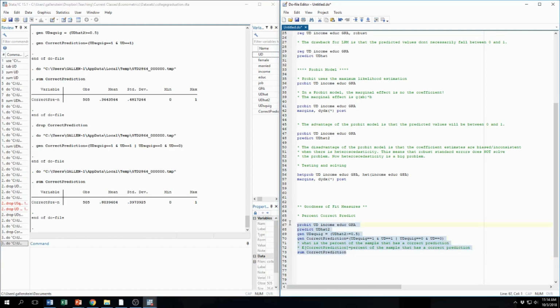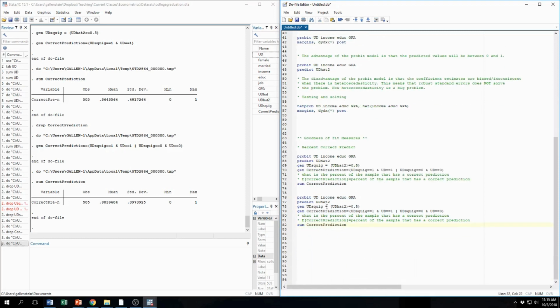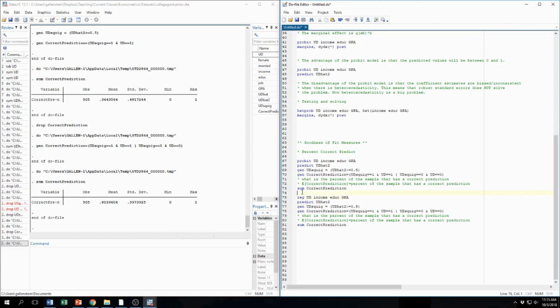We could repeat this all for the linear probability model and compare them. Let's do that for fun. All right, we're just going to repeat for the LPM, linear probability model. I'm just going to call this y hat 3, and squig 2. Actually, I'm going to change this to LPM.